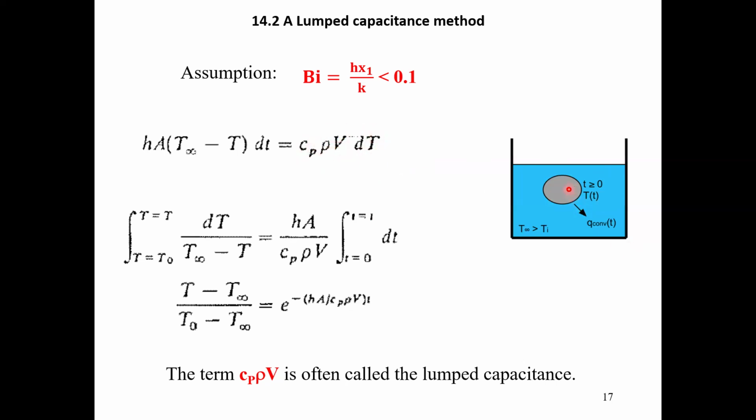So the heat energy that this material loses, m cp delta T, would be equal to the heat energy absorbed by the surroundings. And you integrate it from time t equal to 0 to any time t. At t equal to 0, the temperature of this material is T naught, and at any time t, we do not know what its temperature is, so we give this variable T. You solve for it, and you get this equation with which you can calculate the temperature T for any time t.